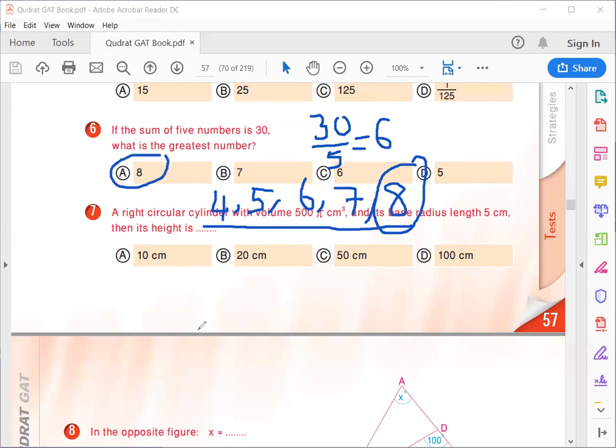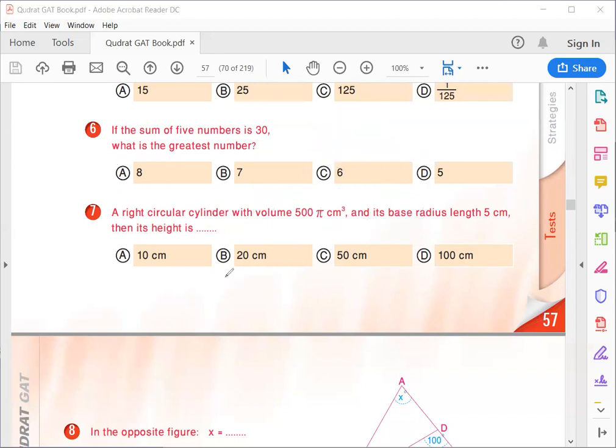Do you get this point? Okay. Number 7 now. A right circular cylinder with volume 500π cubic centimeters and base radius length 5 centimeters. What is its height?